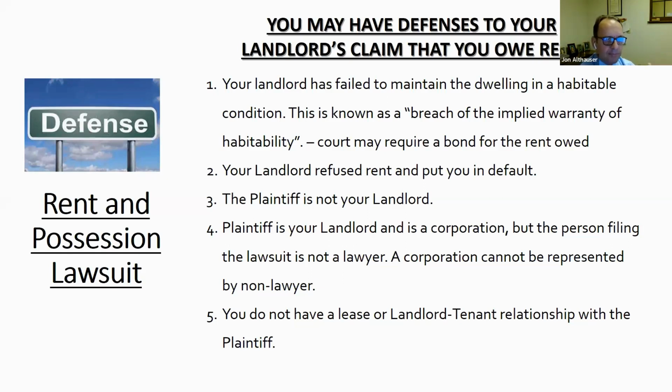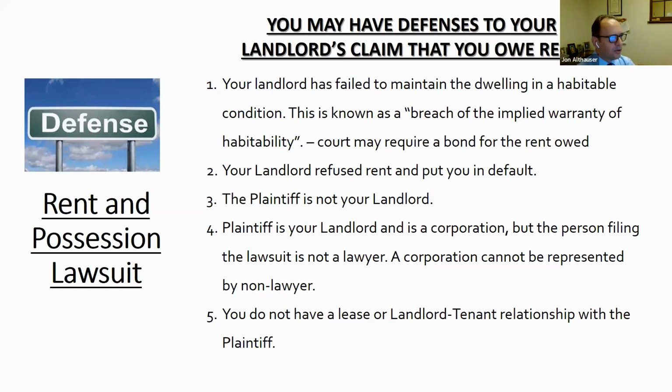So that's a defense where you're just disputing what the landlord is alleging, right? Then there are what are called affirmative defenses, which are a little bit different, where maybe the rent wasn't paid, but there's a reason why you don't owe it.